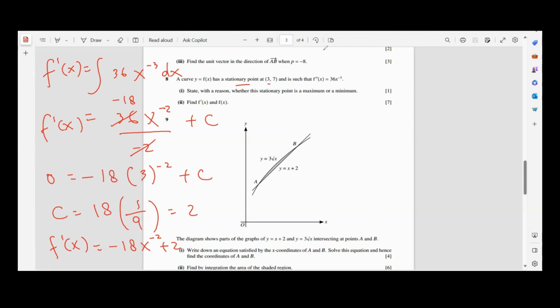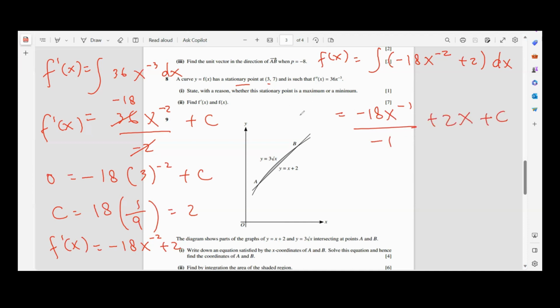Okay, and then we find f(x). We integrate again, so integrate minus 18x to the power negative 2 plus 2 dx. So this will become minus 18x to the power negative 1 over negative 1, plus 2x plus c, which is f(x). And then we input the point x is 3, f(x) is 7. So 7 equals, minus and minus becomes positive, so 18 times 3 to the power negative 1 plus 2 times 3 plus c.